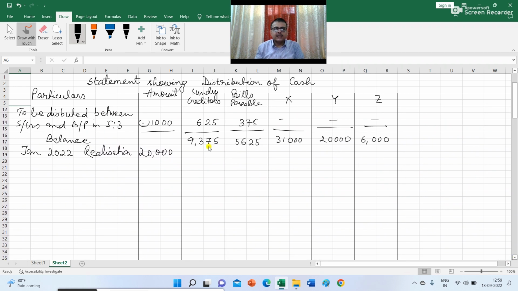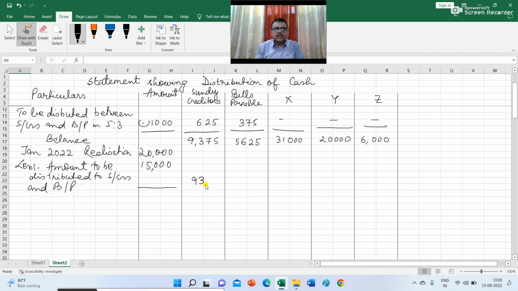The total of these two amounts is 15,000. So less 15,000. Here I am writing amount to be distributed to sundry creditors and bills payable.